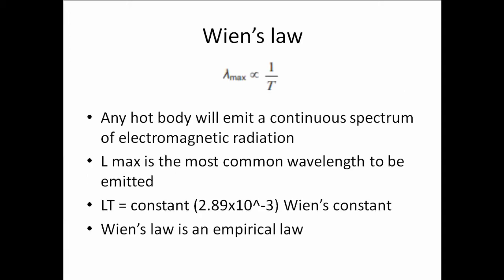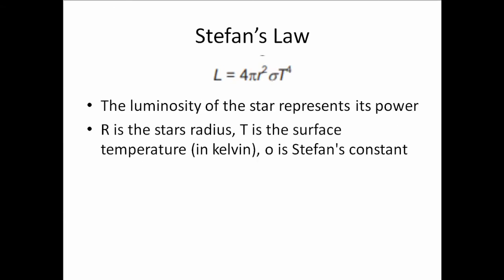Lambda max times T equals a constant, which is 2.89 times 10 to the minus 3, and this is Wien's constant. Lambda max isn't the highest wavelength we can have, it's the most common. And Wien's law is an empirical law, which means it was based on observations, not derived from formulas.